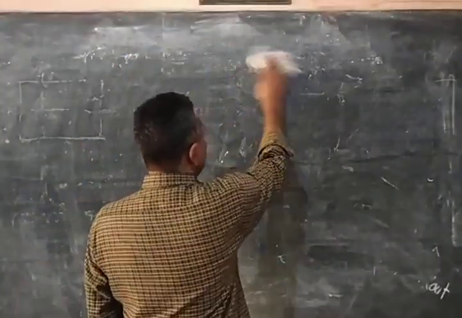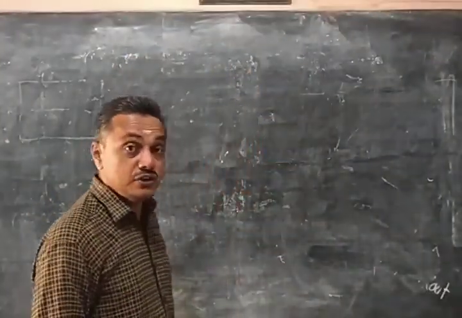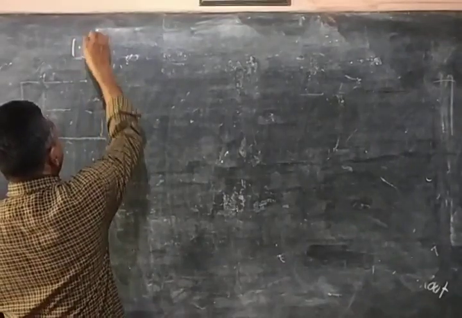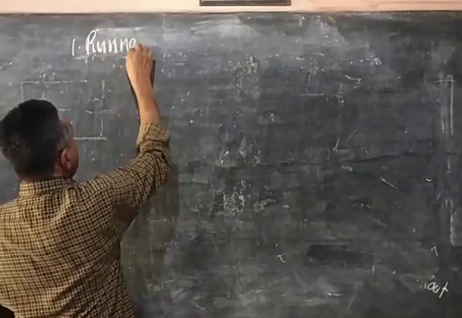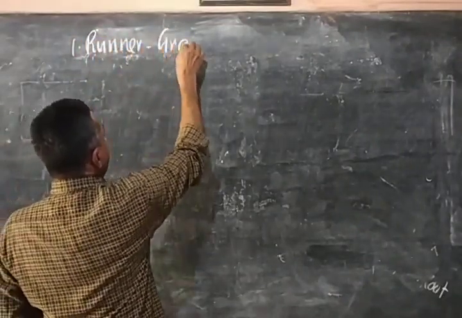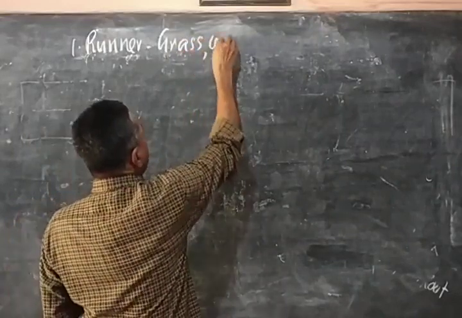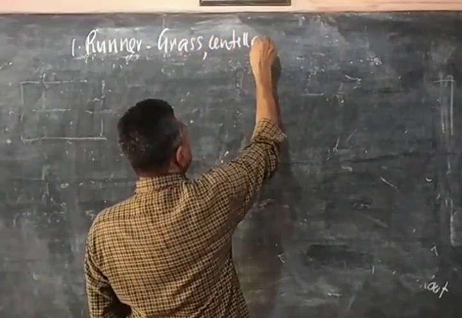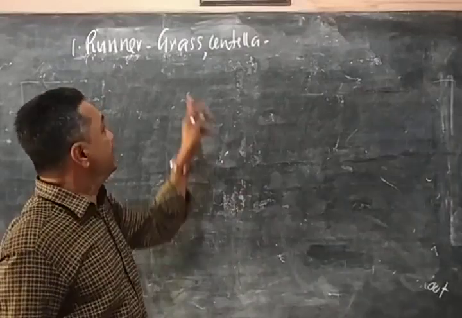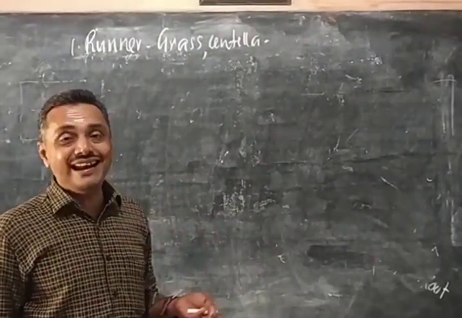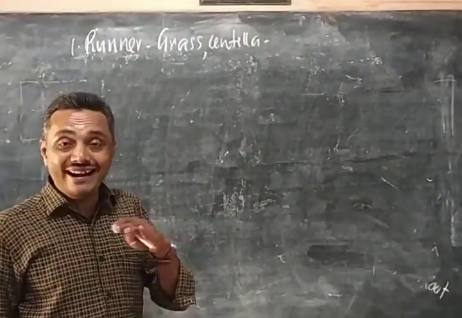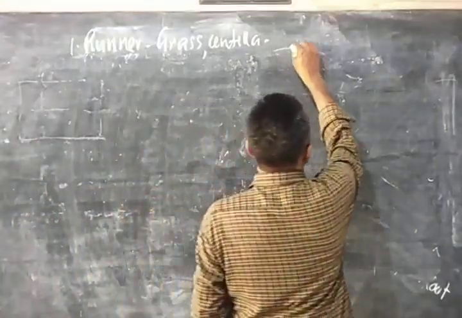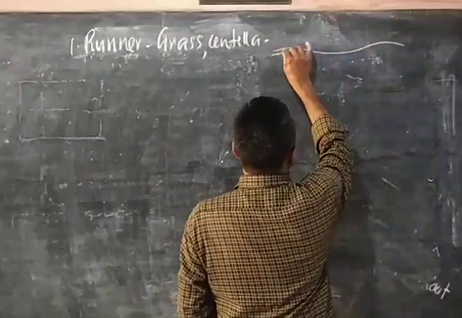Let us see them one by one. The first one is called runner, in plants like grasses or centella. This is important for practicals. In plants like grass or centella, the stem is called a runner, running on the soil. They are creepers.